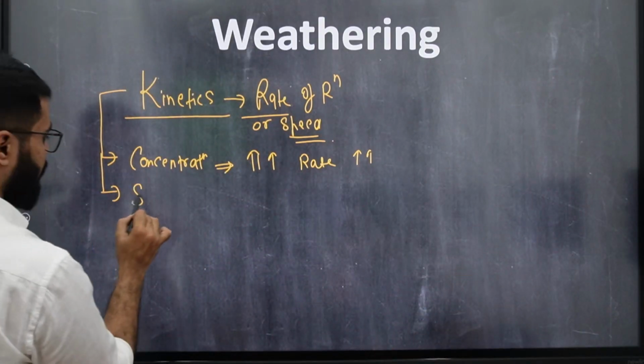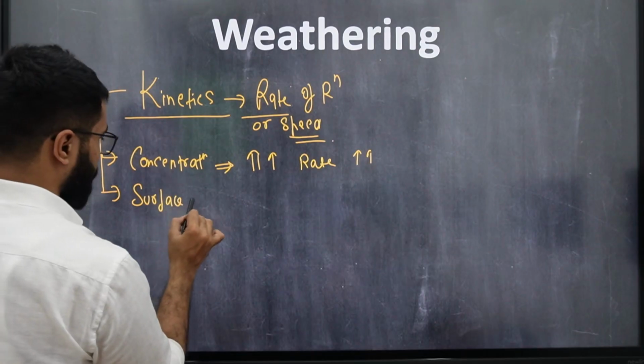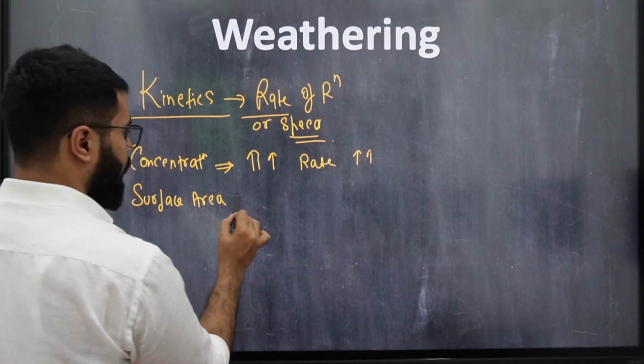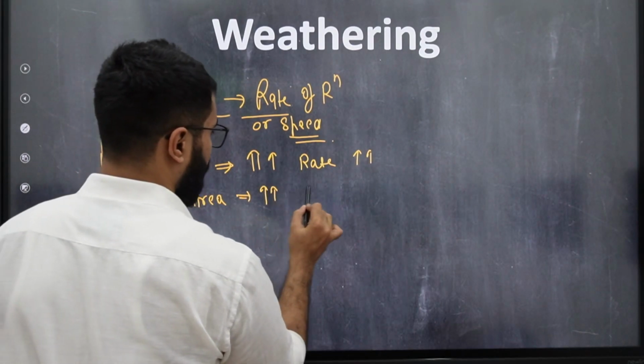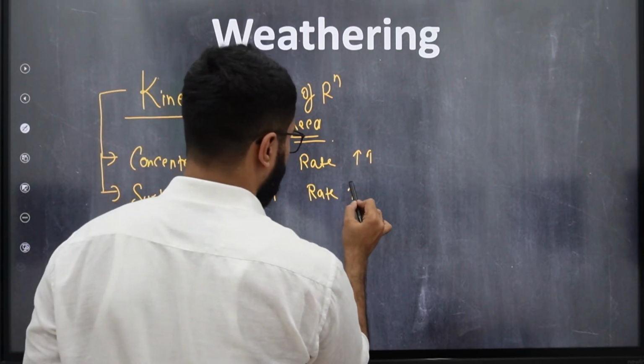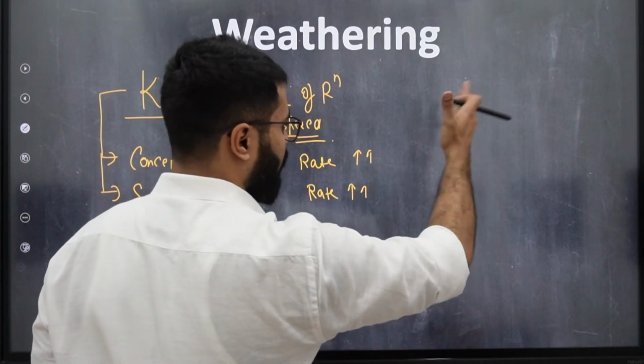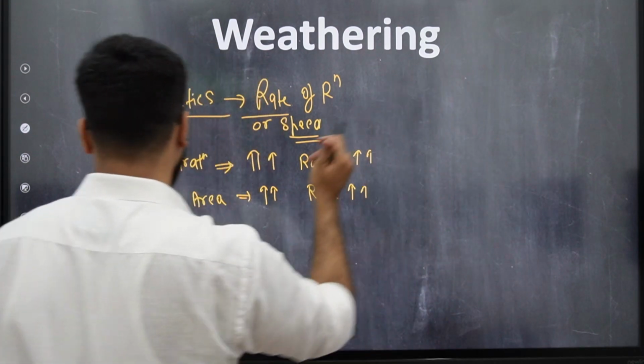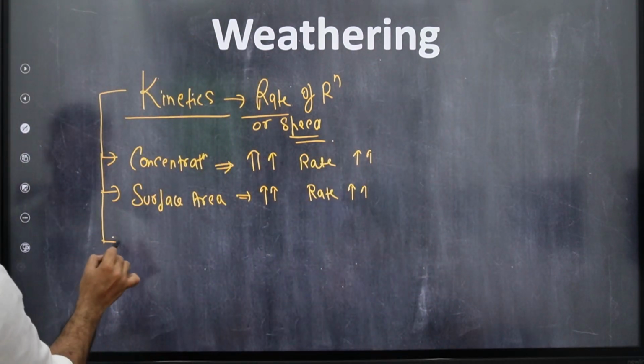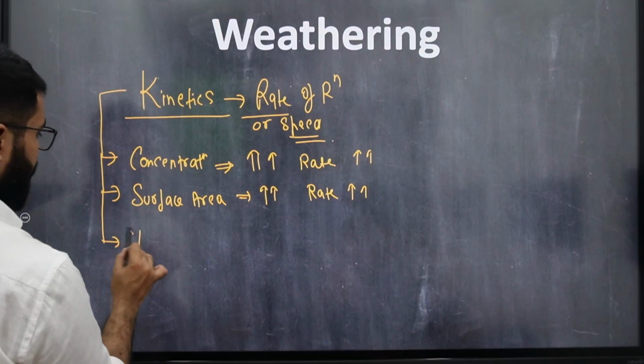Second is surface area. Again, if the surface area is more, rate is going to be more. Because I have more surface area to react, the rate will increase. Third is temperature.